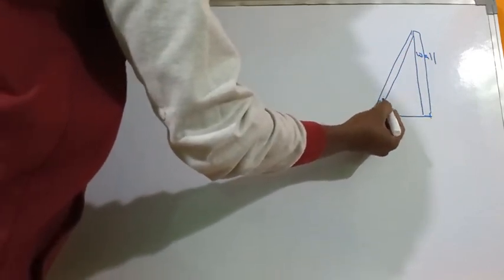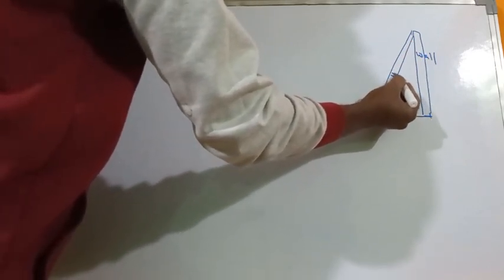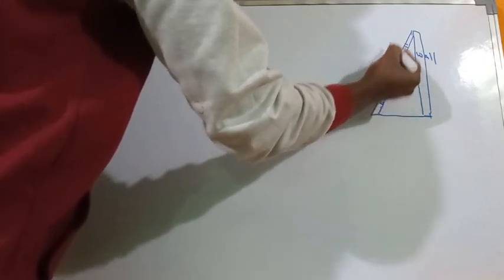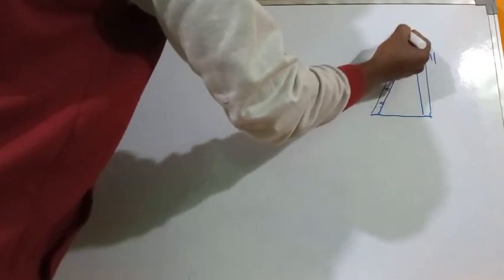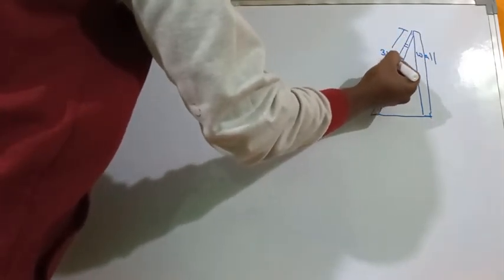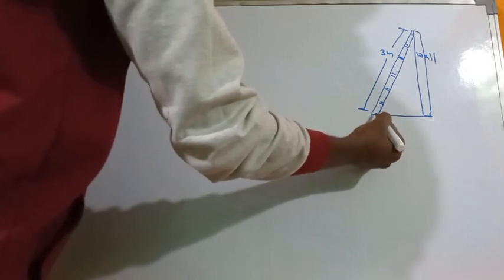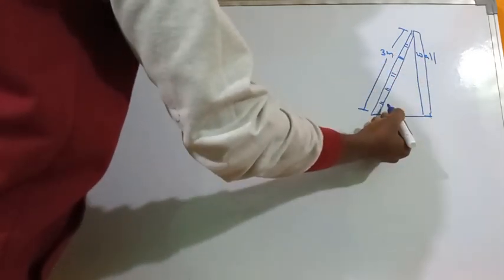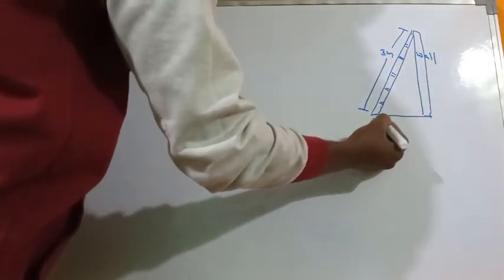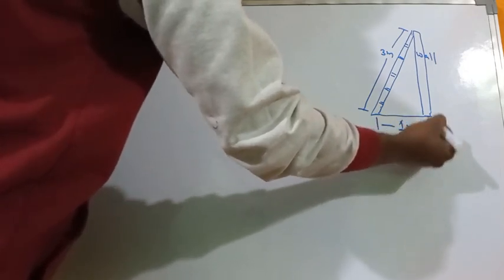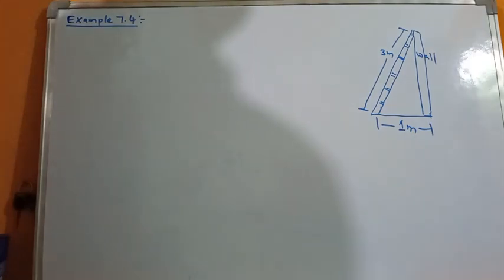Okay, this is our ladder. Its length is given, that is 3 meters, and the foot of this ladder is at a distance of 1 meter from the wall.